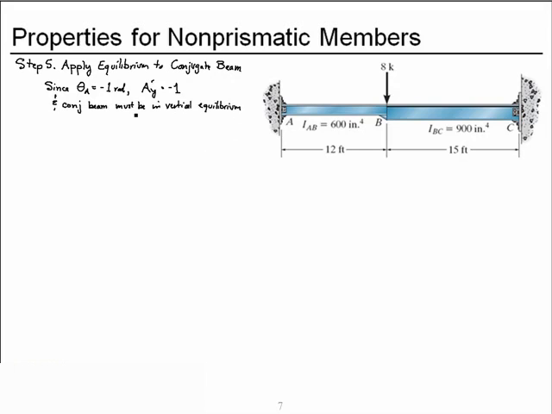Then we're going to need one more equation of equilibrium, which will be moment equilibrium, and we'll be able to solve for our two unknowns, the moment at A in the beam with the pinned end, fixed end, and the carryover factor. So let's redraw our conjugate beam.